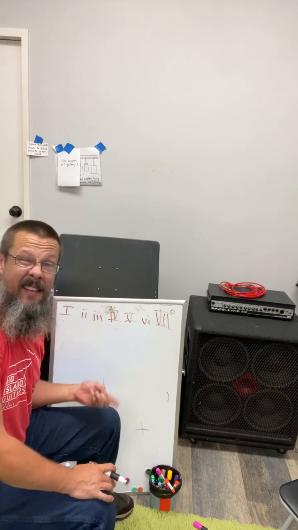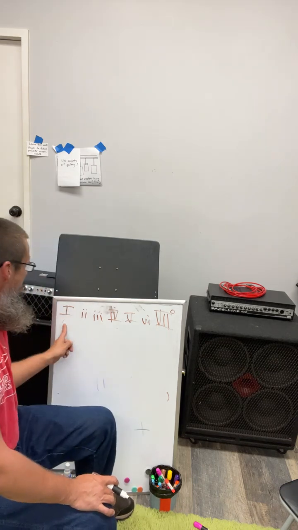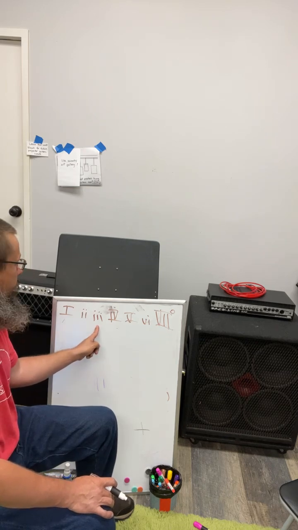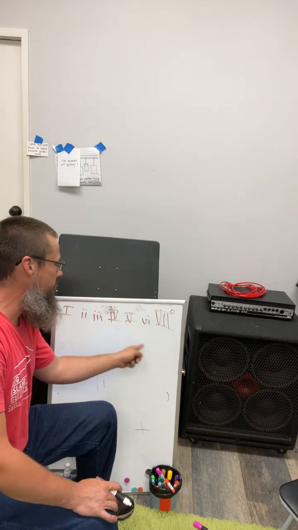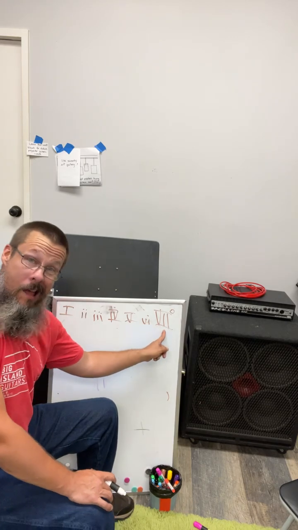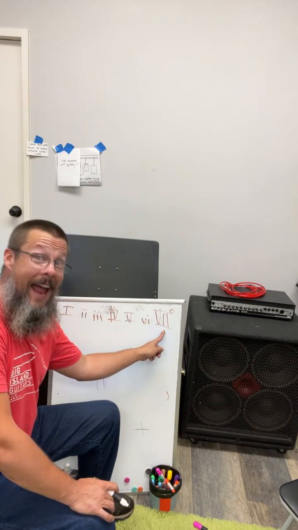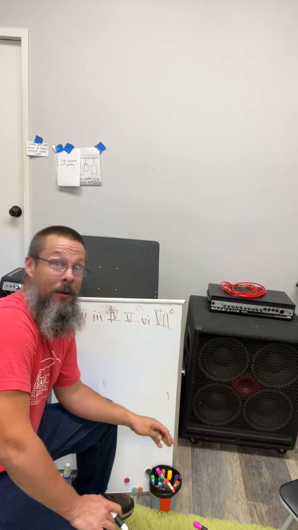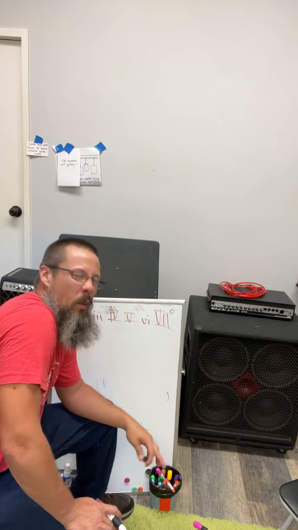Every single one of these has a variation of 1, 3, 5, 1, 3, 5, 1 flat 3 flat 5, 1 flat 3 5, 1 3 5, 1 3 5, 1 flat 3 5, and then this has 1 flat 3 flat 5. Only one of the whole cadence that does that. Reason being, it's a leading tone. We use this when we want to modulate or throw a little flair into it.